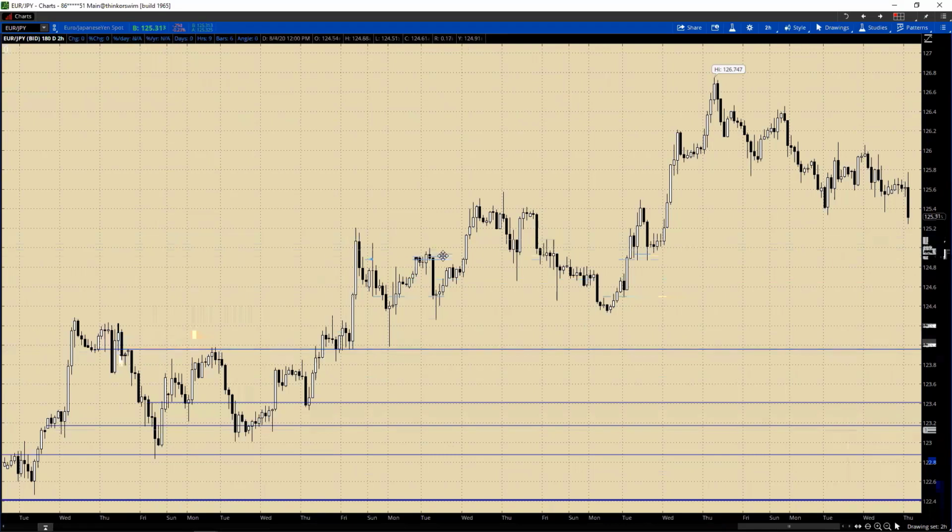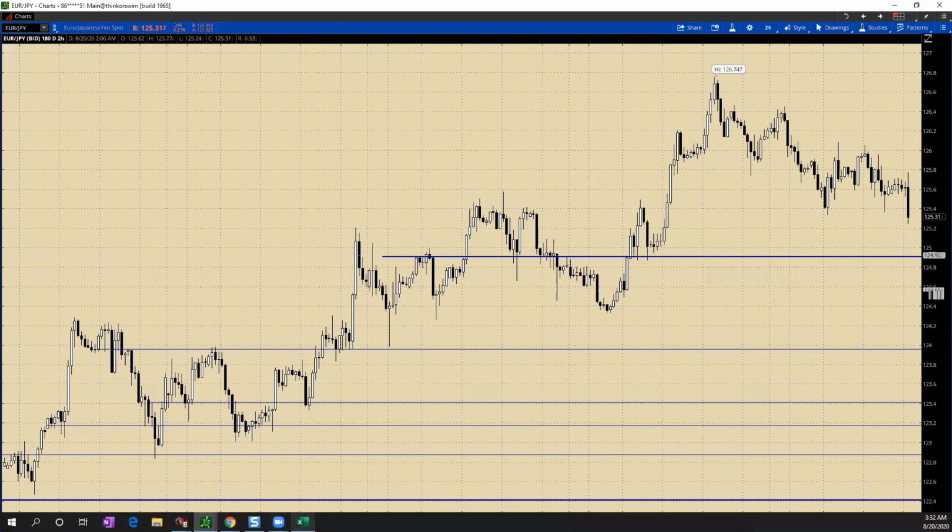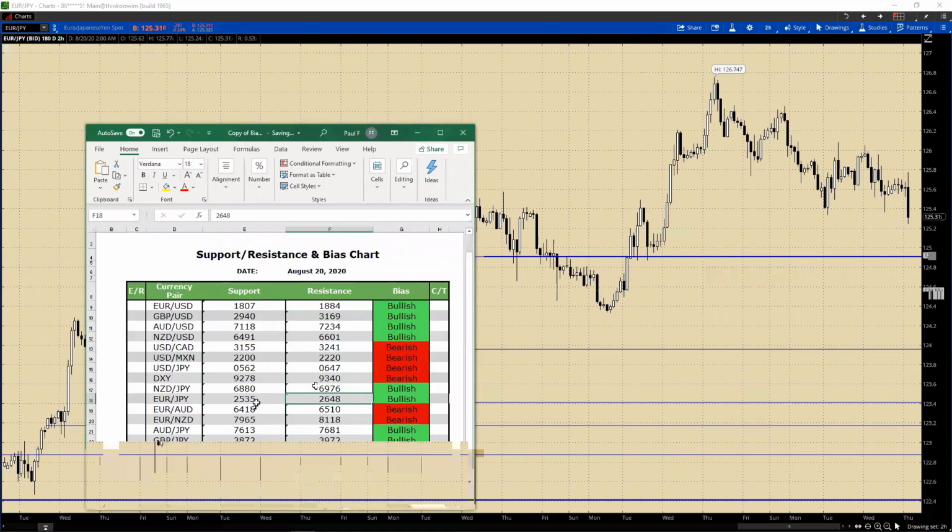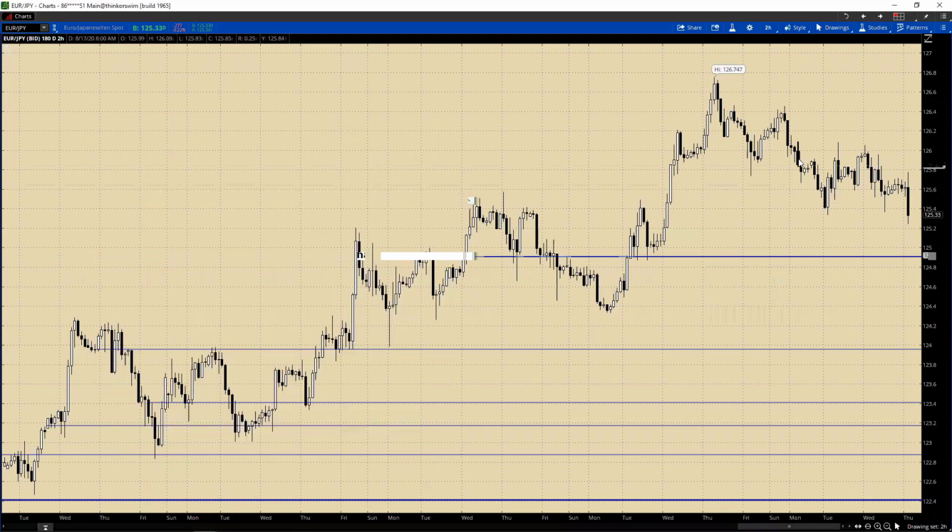See all these touches here, right there. That would be 24.92. And resistance, right here, this bar here.